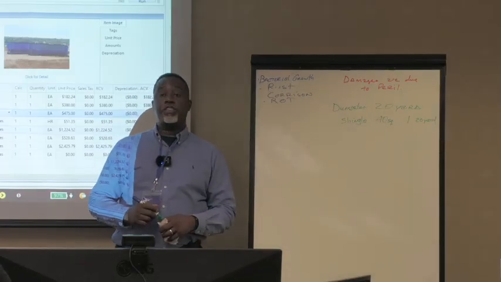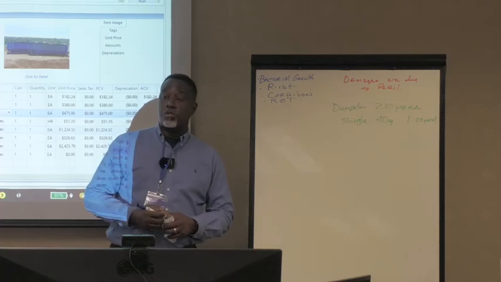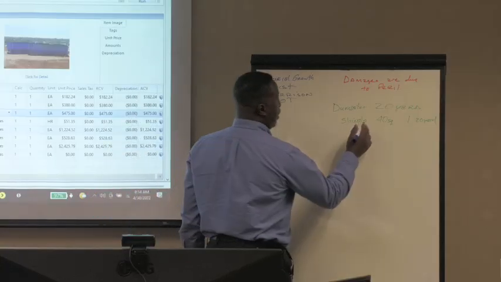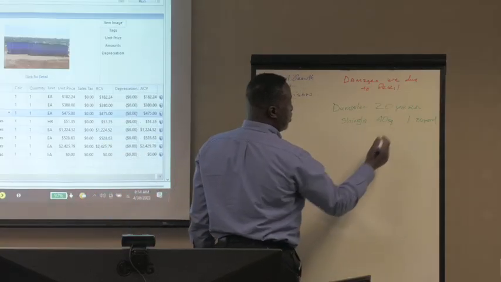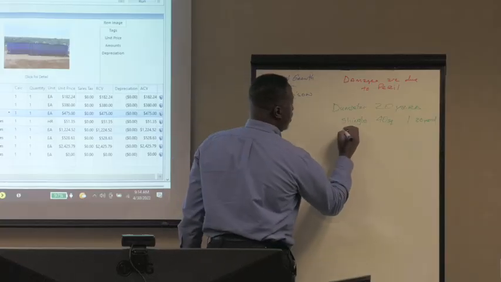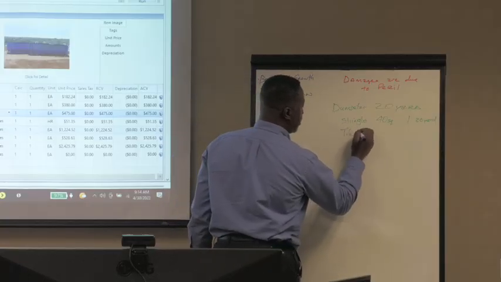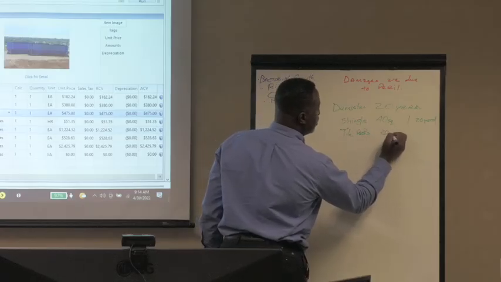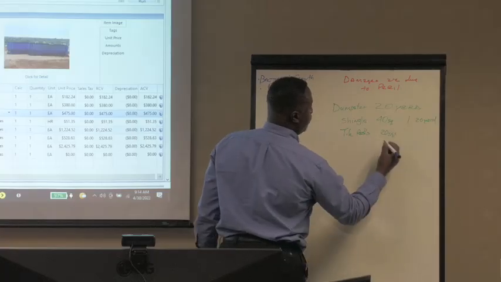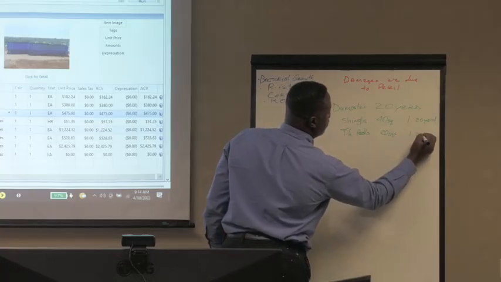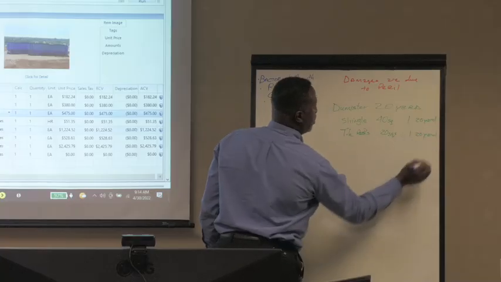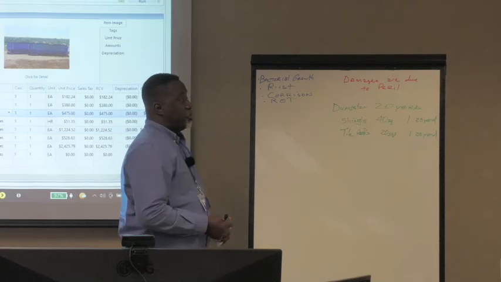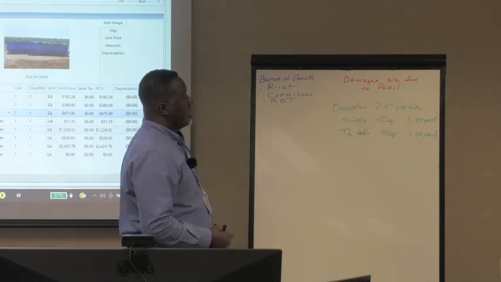So if you have 41 squares of shingles, you're going to do two 20-yard dumpsters. When you're dealing with tile roofs, for every 20 squares of tile roof, one 20-yard dumpster.